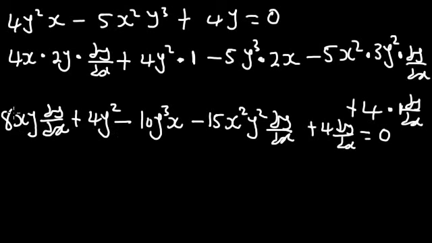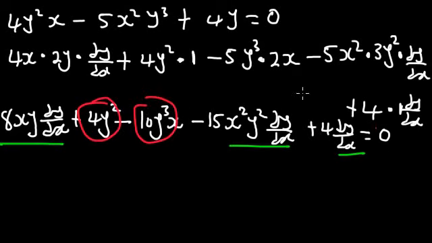So the terms with green lines under them are the ones with dy/dx. So let's combine them, while the terms circled with red color we are taking to the other side.